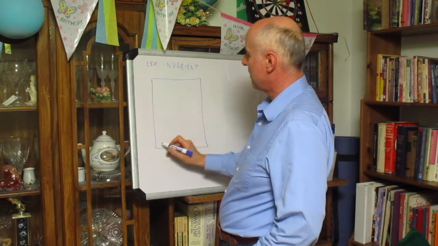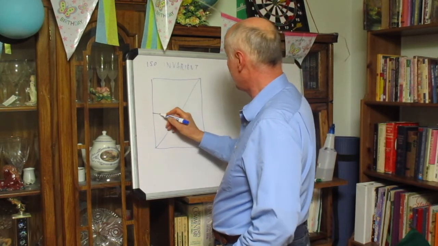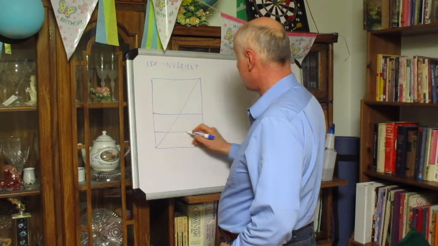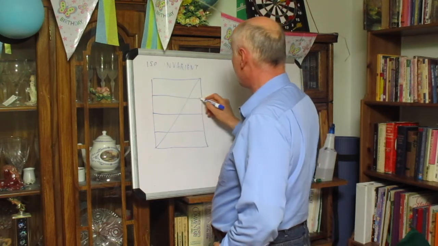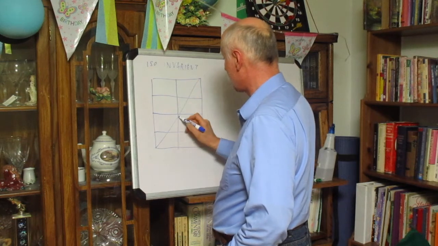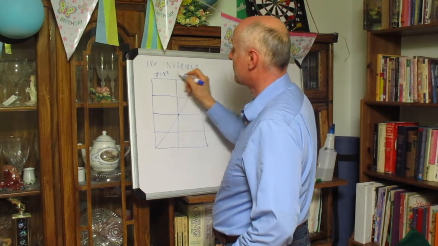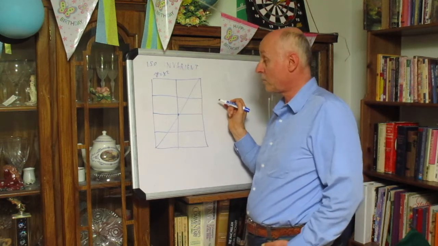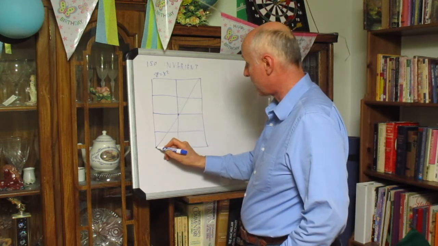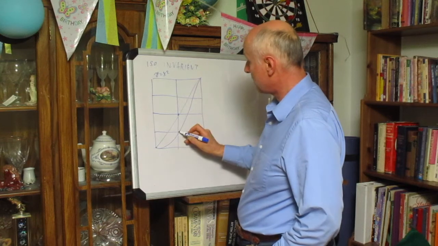There's our box, there's our diagonal, there's our grid. And this is our y equals x squared. And of course that curve looks like this.